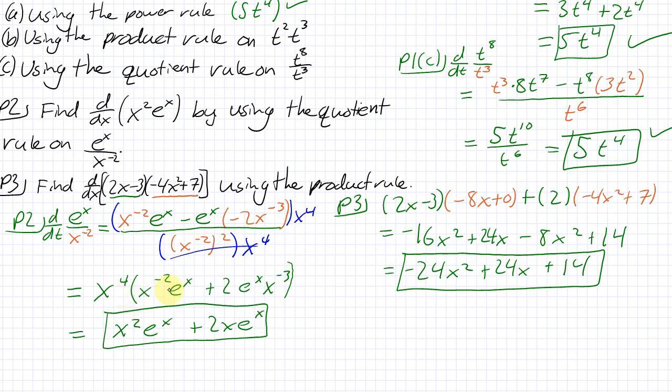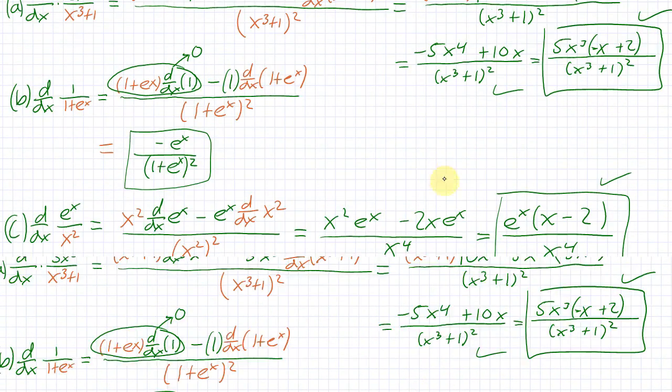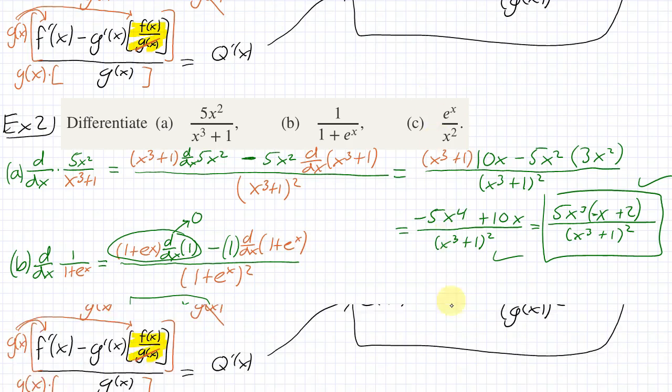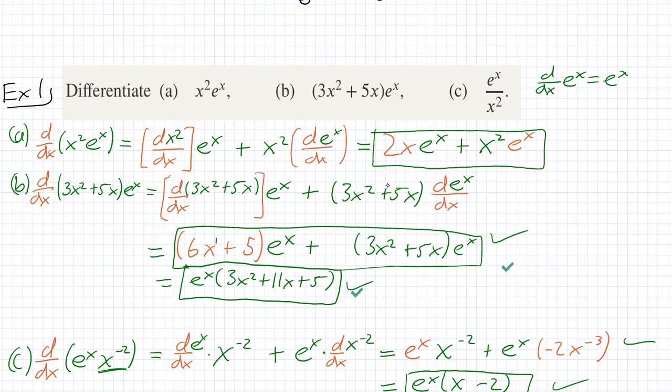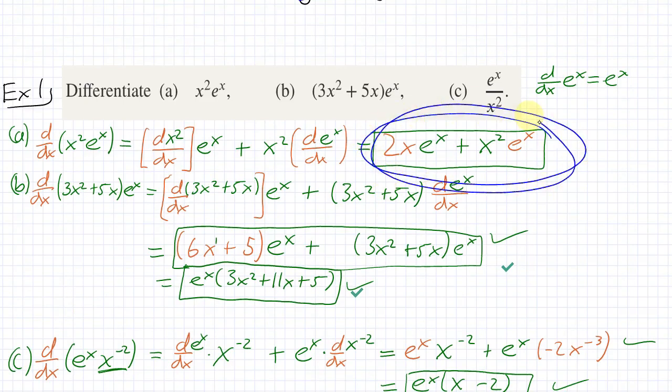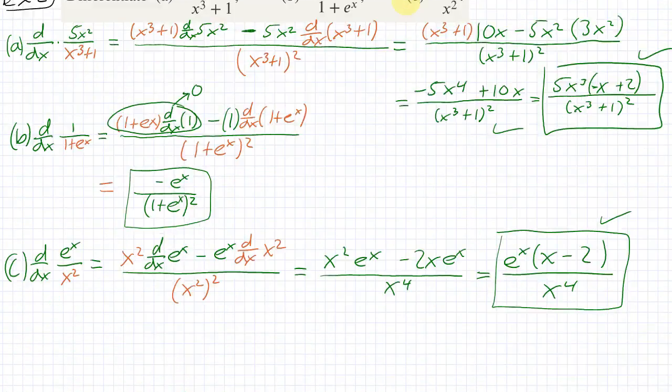And then you just distribute that x to the 4th into these terms in the top, and this is what we end up with, which I believe is the same as that same problem before, which we did with the product rule, which is the more straightforward way here. So it's easier with the product rule, but the quotient rule works as well.